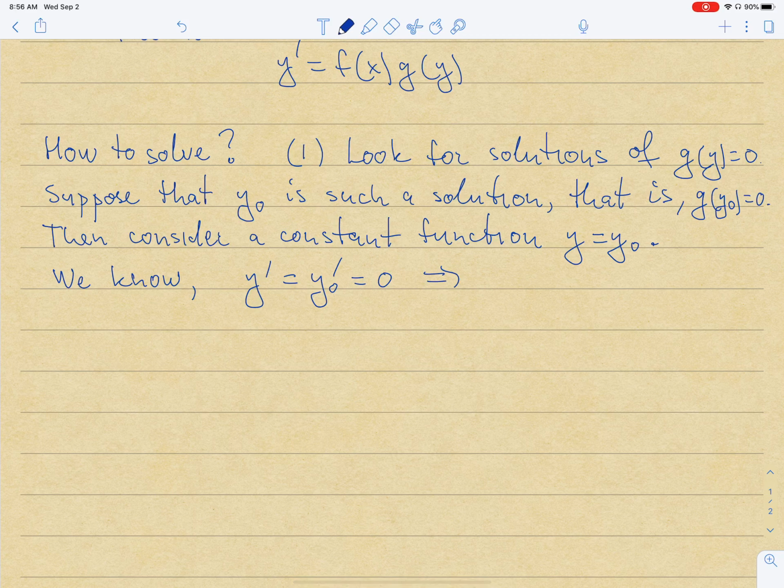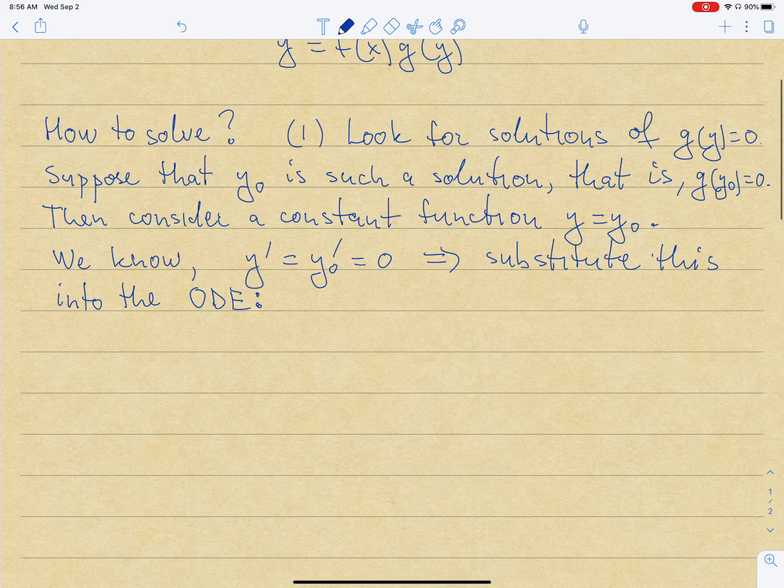So now we can substitute this into the ODE. And what do we get? We have that y prime, just like I stated a second ago, is equal to 0.